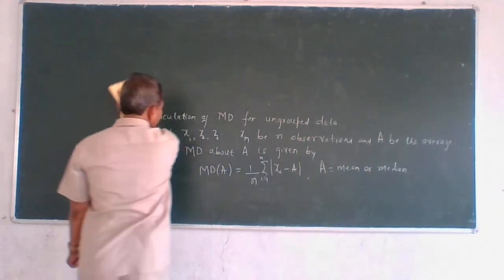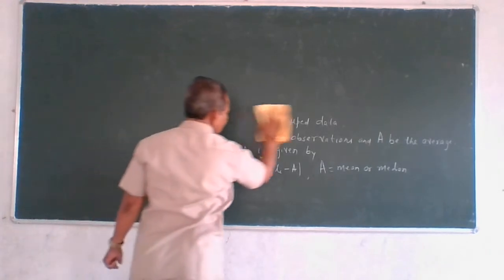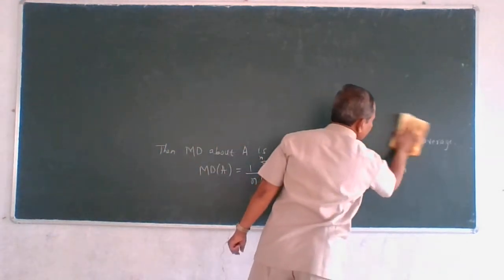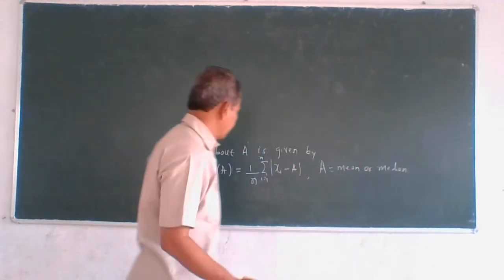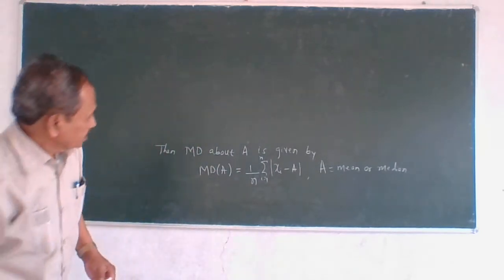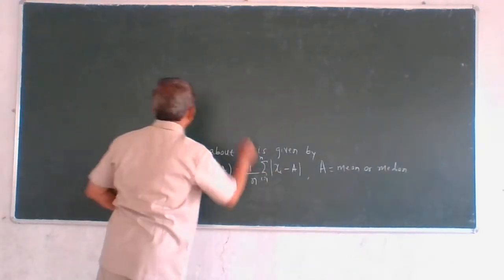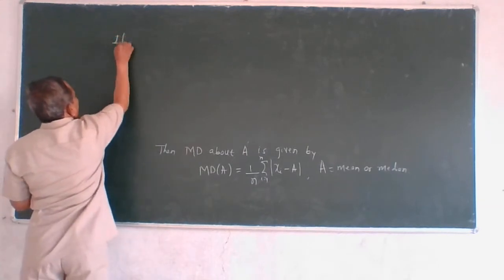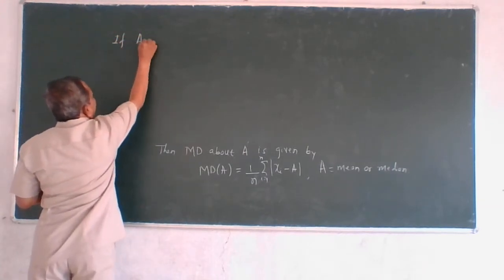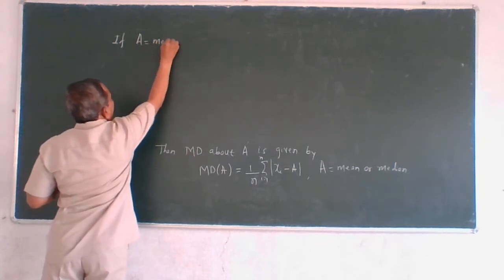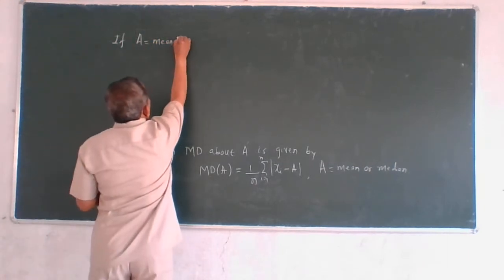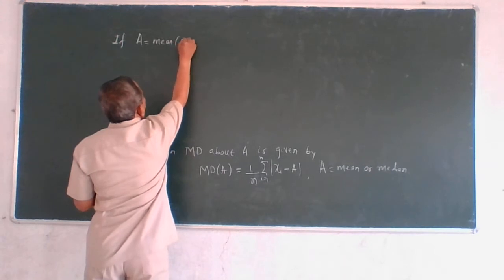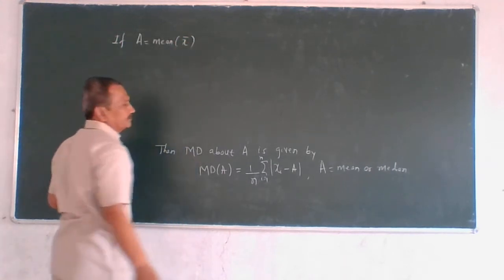And if we take A as median, we get mean deviation about median. If A is mean, we denote it by x bar.